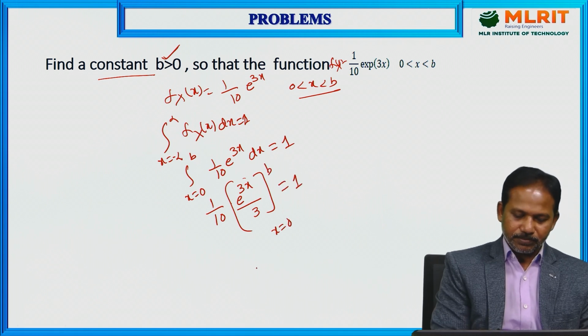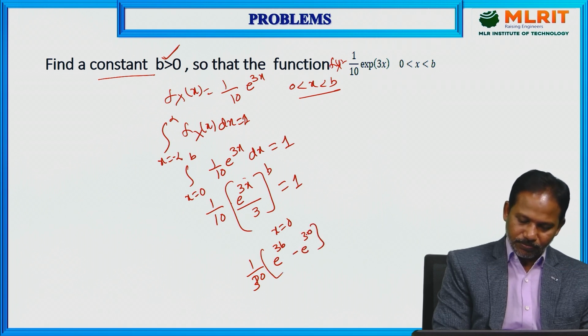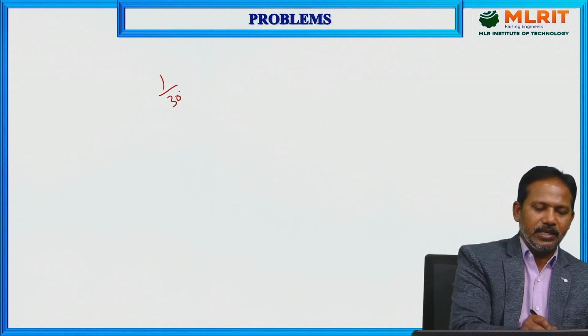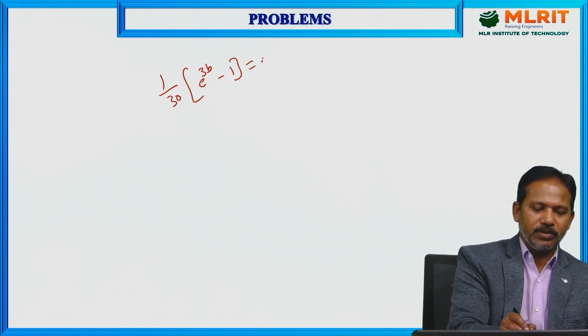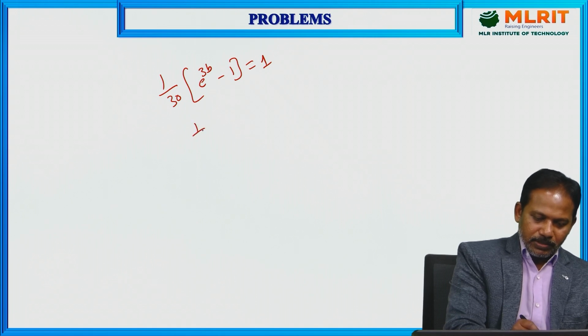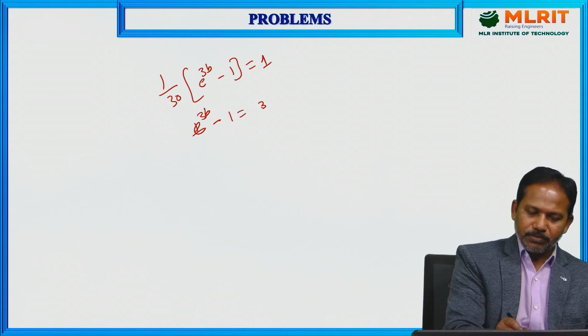That is 1 by 10 and 3 into 10, that is 30. 1 by 30 into e power 3b minus e power 3 into 0 is equal to 1. That is 1 by 30 into e power 3b minus e power 0 means 1, is equal to 1. So we can write e power 3b minus 1 is equal to, directly we can write 30.